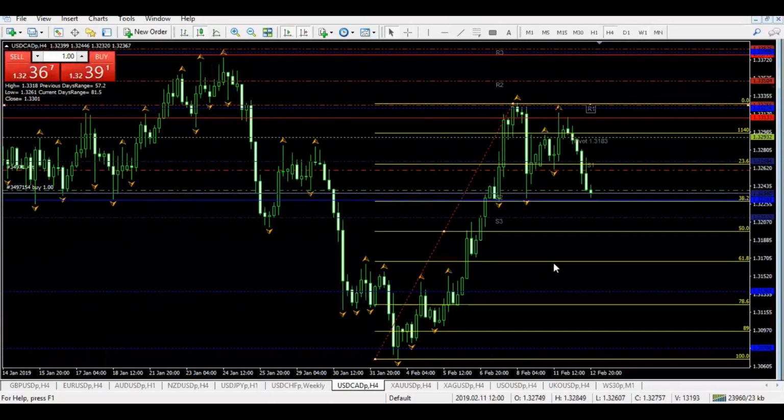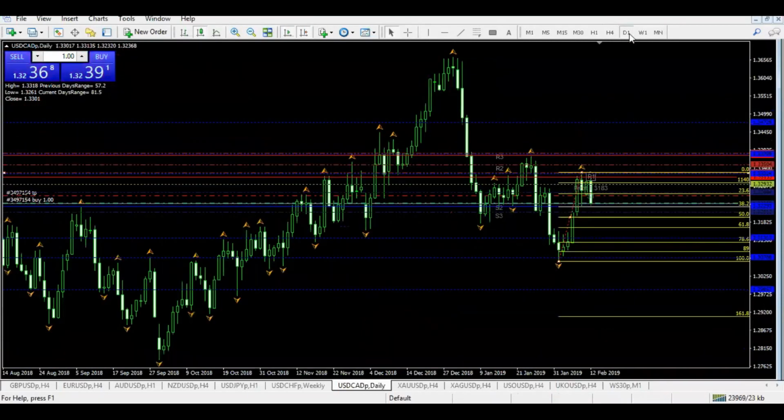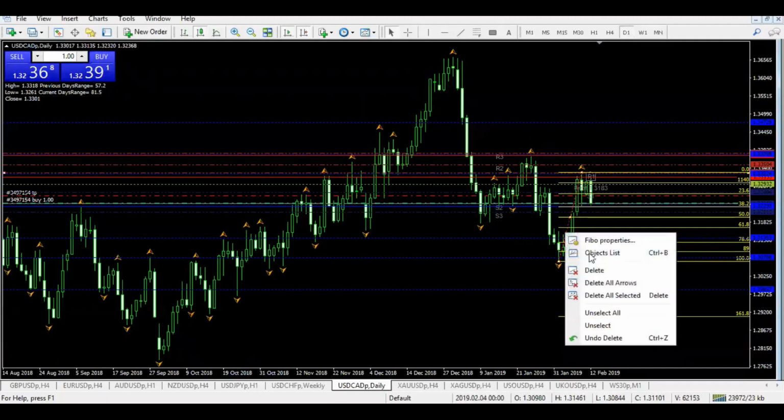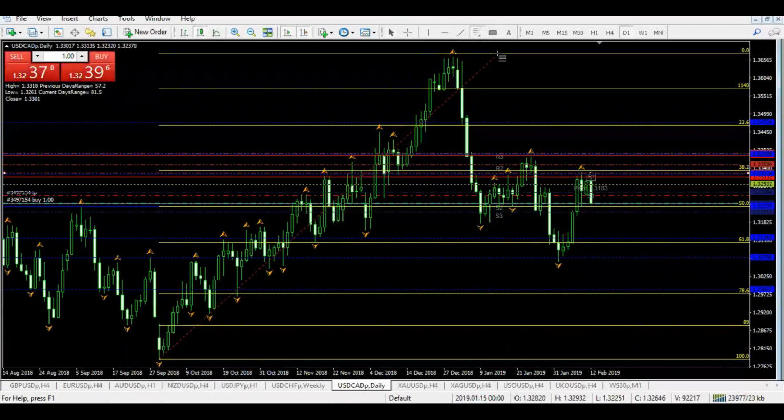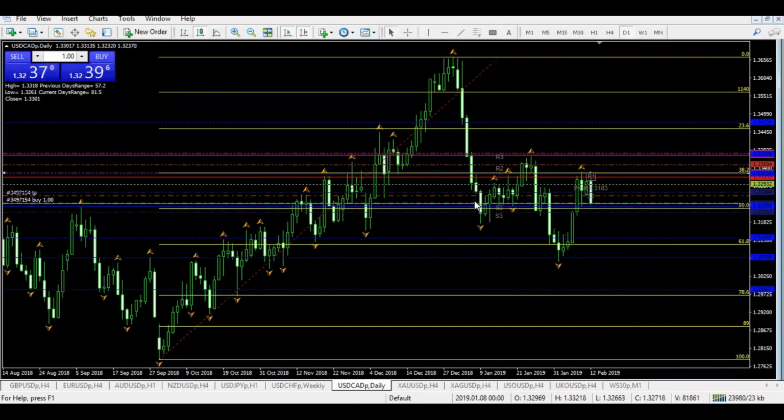I will pull up another chart, like the dollar to franc chart. If my price breaks the 100 Fibonacci, I know that in a higher time frame I have a more major Fibonacci. What would be higher than this would be here. This to this.